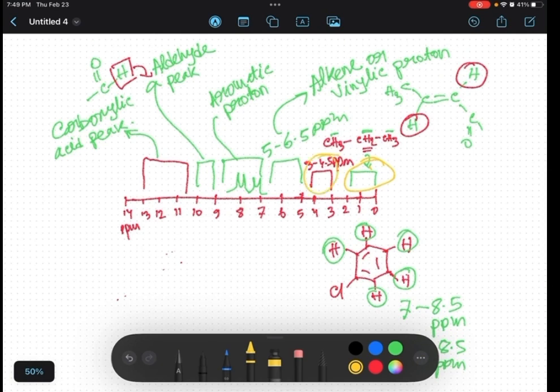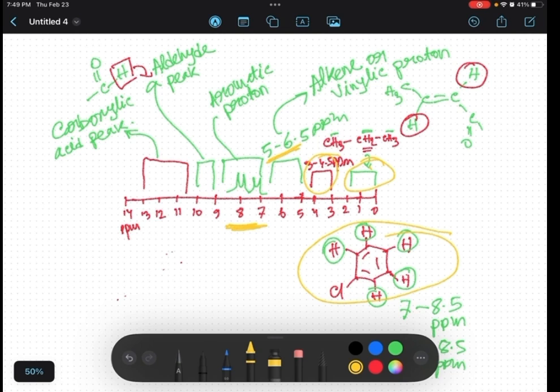Any vinylic proton, alkene or carbon double bond, will be like 5 to 6.5 ppm. Any aromatic proton, you will expect 7 to 8.5. And any aldehyde proton will show up at 9 to 10. And the carboxylic acid peak will show up from 11 to 13, or like above 10.